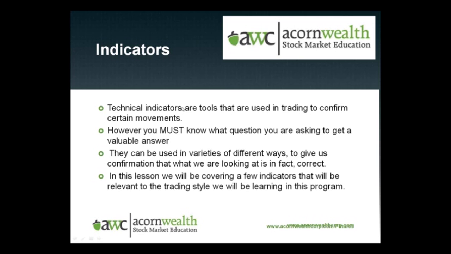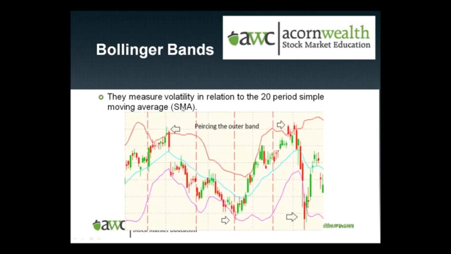Let's go forward here. So let's start with Bollinger Bands. Bollinger Bands are for oscillating trades. What we're going to be wanting to look for is where the stock is ideally piercing the outer band.